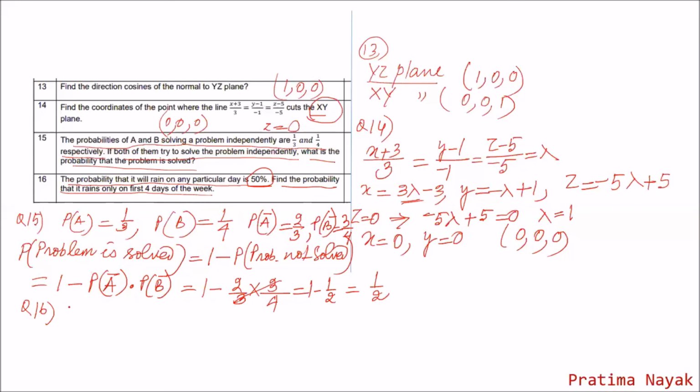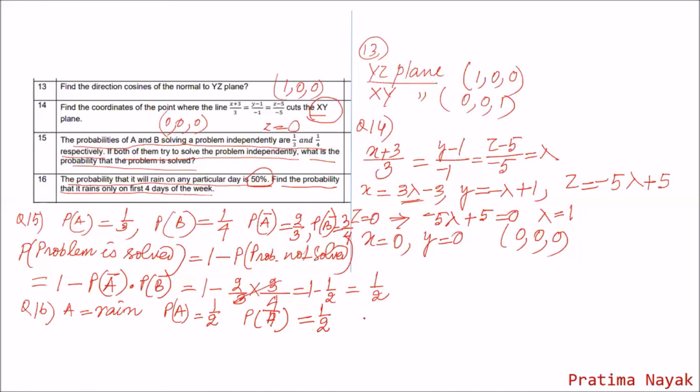That means if I take the event of rain as A, then the probability of raining on any day is 1/2. 50% means 1/2. That means the probability of not raining is also 1/2, 1 minus 1/2. Next, they are independent because the probability of raining on Sunday is independent of raining on Monday.